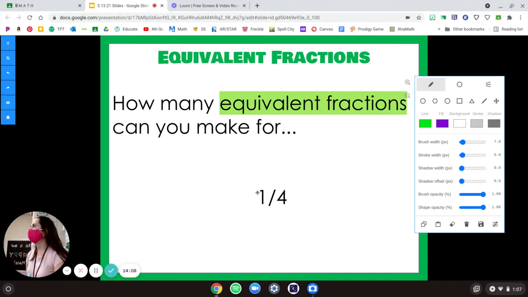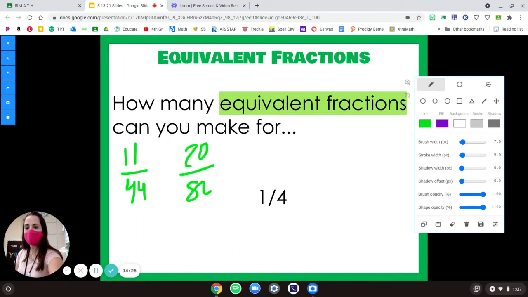What is one equivalent fraction that you have? What was one, Amelia? 11/44. 11/44 does work. What else could you have done, Zane? 20/80ths. 20/80ths sure would work. What's another one, Brooke?